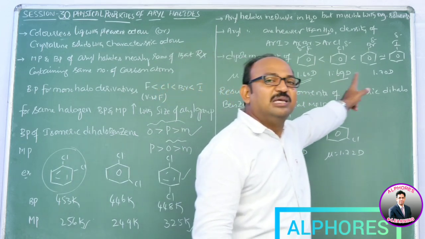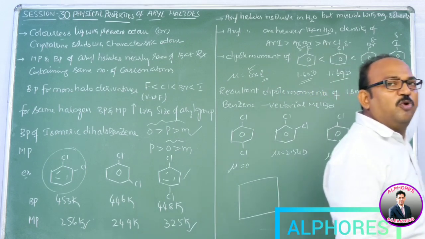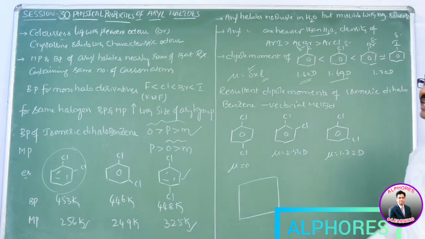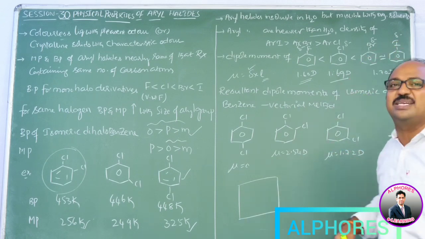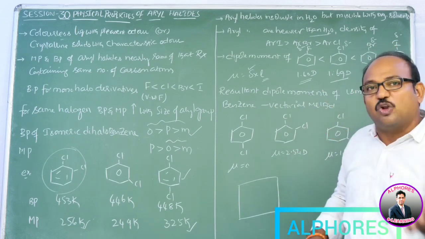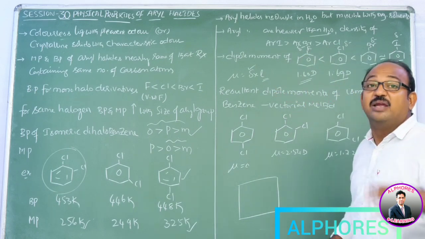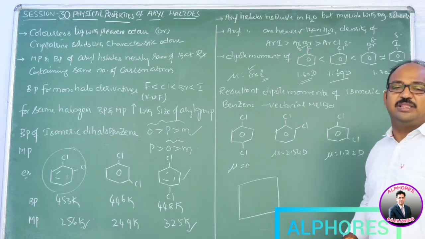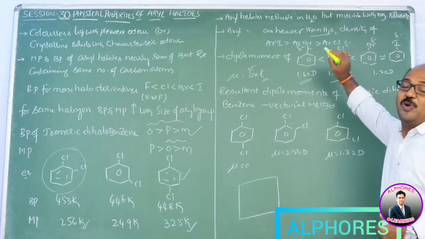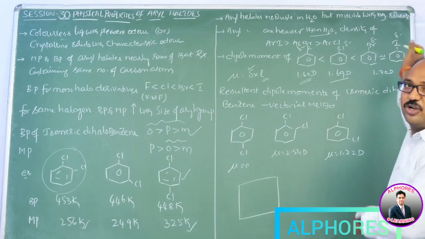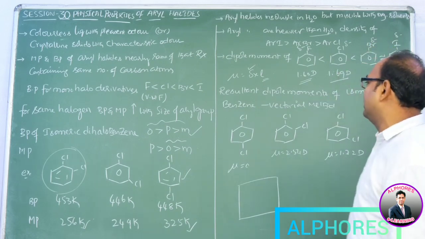It remains the same from chloro to bromo, bromo to iodo. That variation is not considerable because the increase in size is compensated by the decrease in electronegativity. That's why the dipole moment of fluorobenzene is less than chlorobenzene, chlorobenzene is less than bromo, and almost similar to iodo. This is the dipole moment concept.